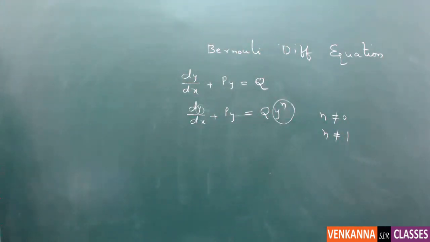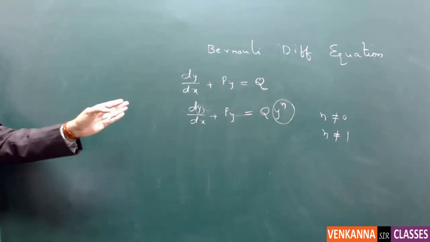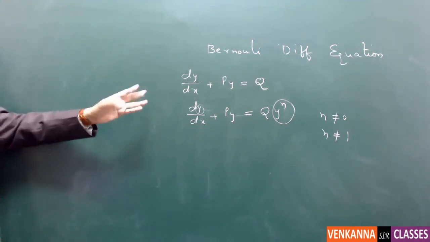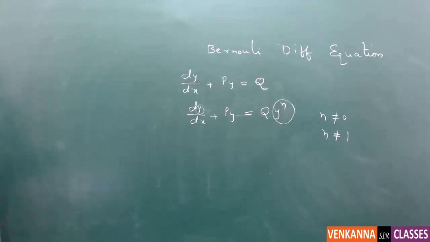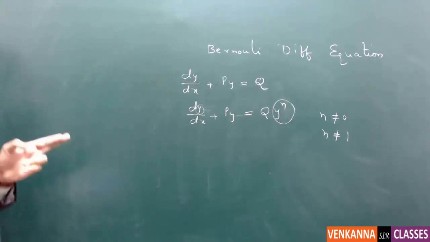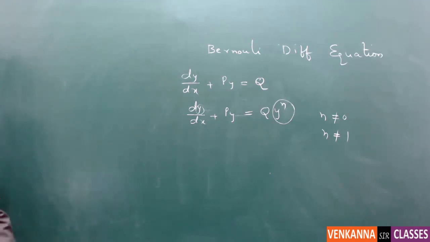If n is 0, it is nothing but linear. If n equals 1, you convert it into variable separable form and you can integrate that. Generally n will be a number greater than 1, like y square, y cube, etc.